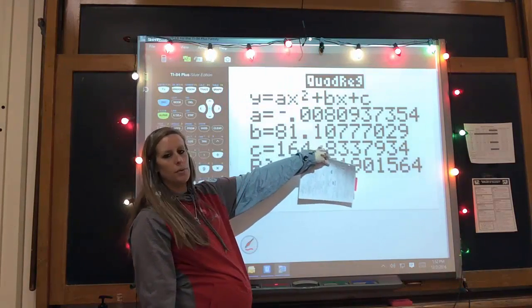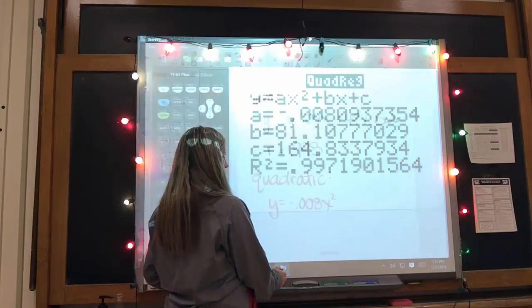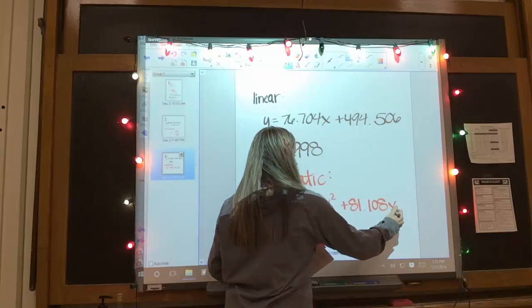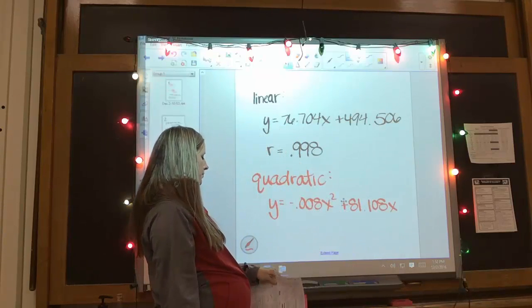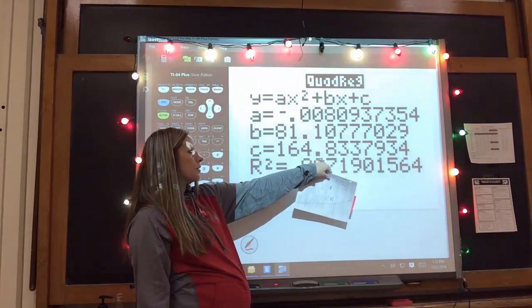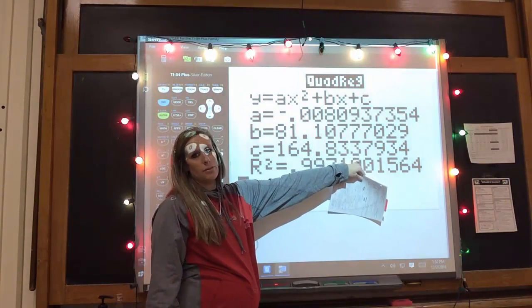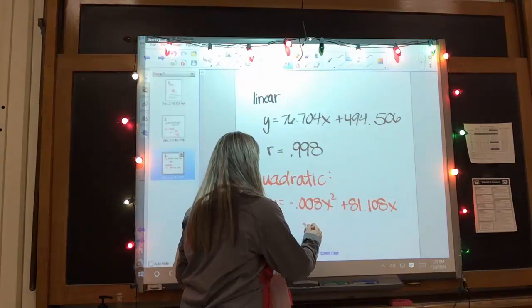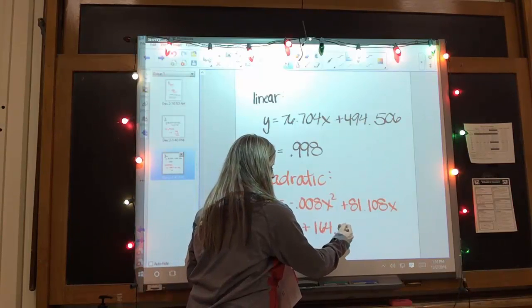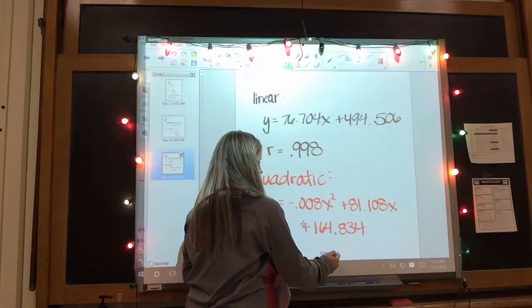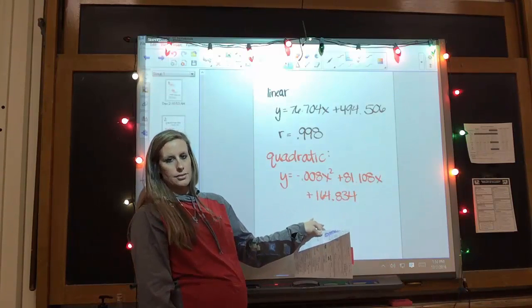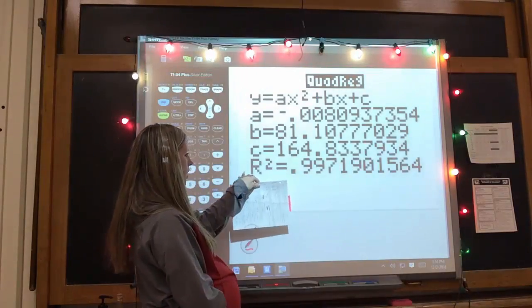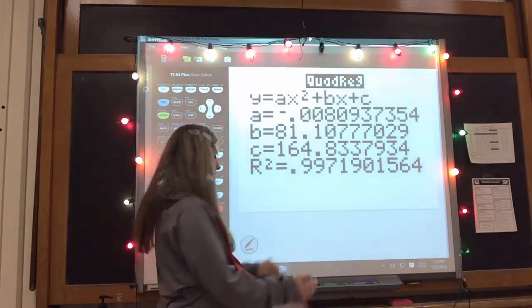B is 81.108 x, so plus 81.108 x. And my C is 164.83, that'll round up to 164.834. So that's my equation. I also have to put the correlation coefficient, and it says R squared is 0.997.